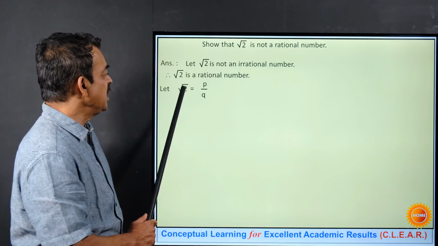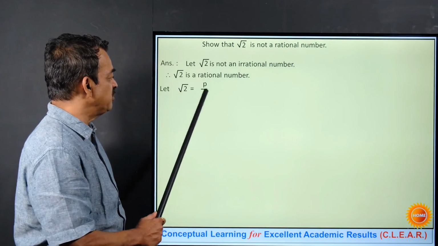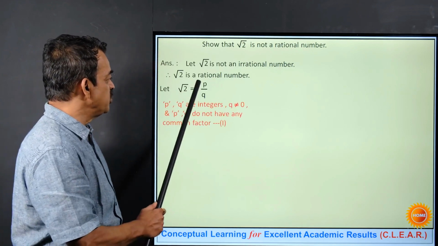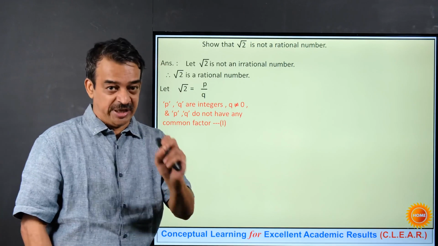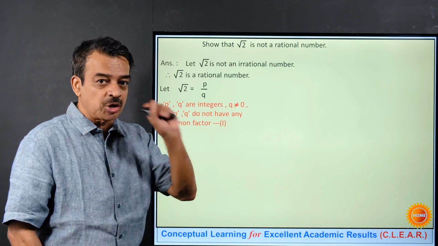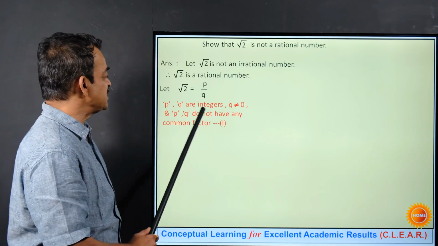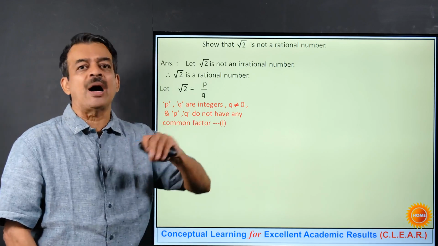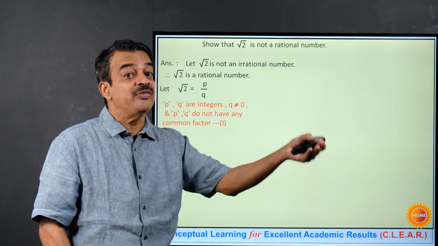So I am saying that let us assume that root 2 is equal to p upon q. Obviously, both the numerator and denominator must be integers. Denominator not equal to 0, and as I said, they do not have any common factor. That means further simplification is not possible.